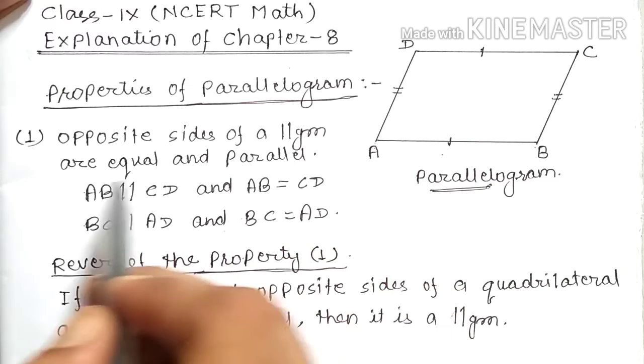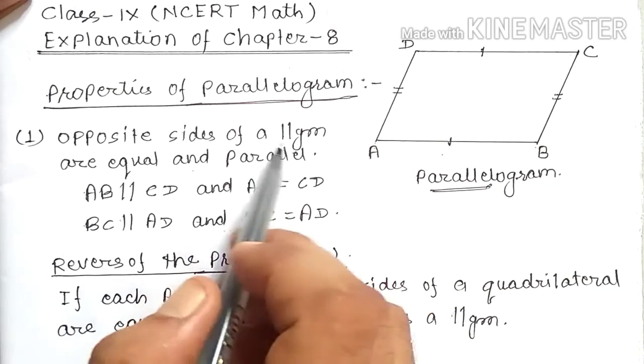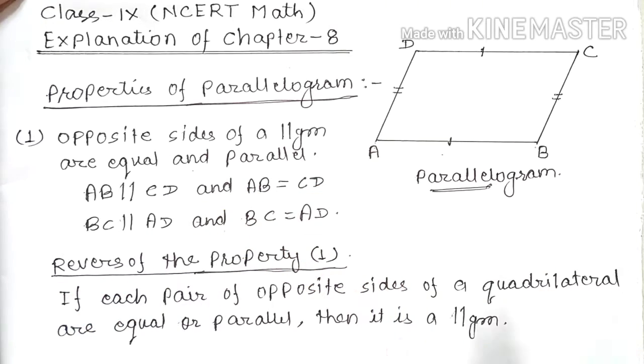Opposite sides of a parallelogram are equal and parallel. In a parallelogram, opposite sides are parallel and equal.